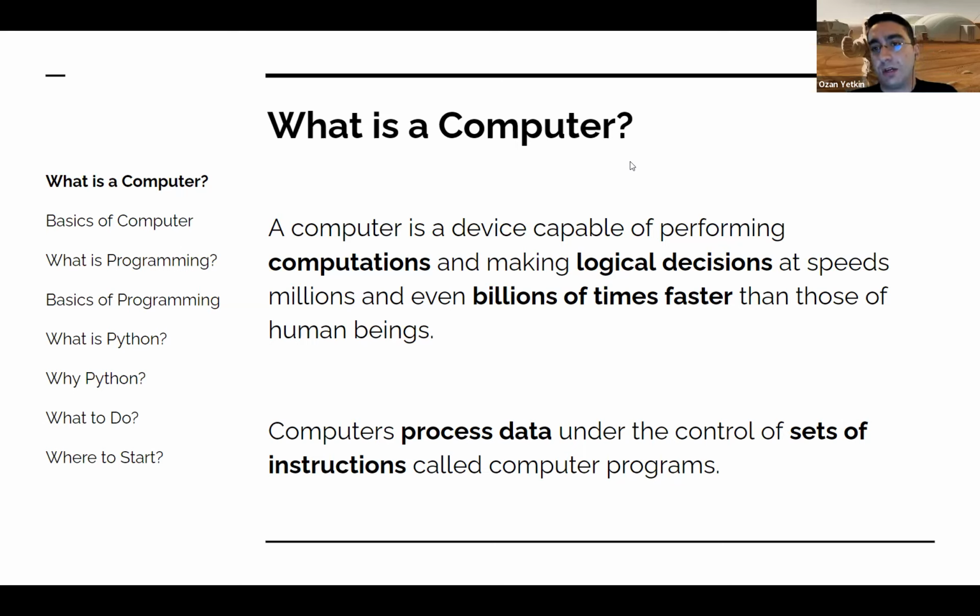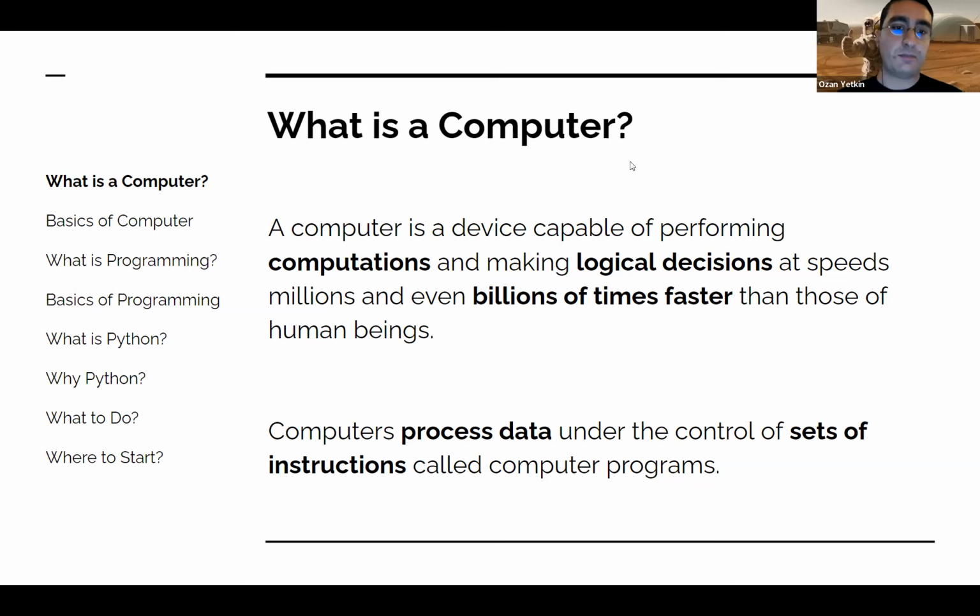So think about 100 lines of code and yourself summing them up. It would take a lot of time if you did it manually, but thanks to computers, we can do it in a really fast way.